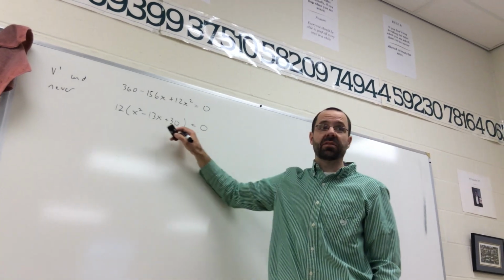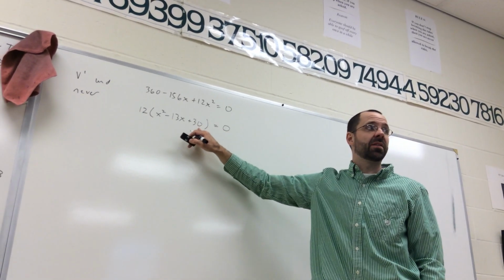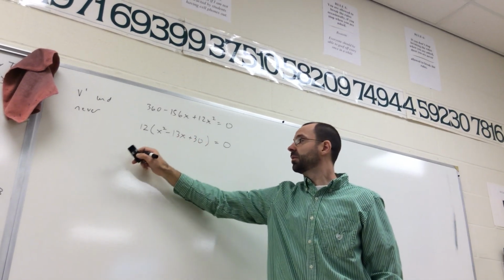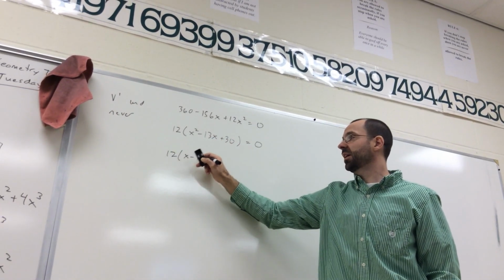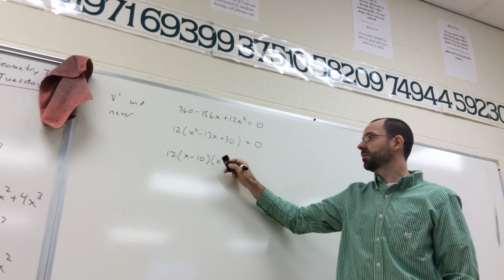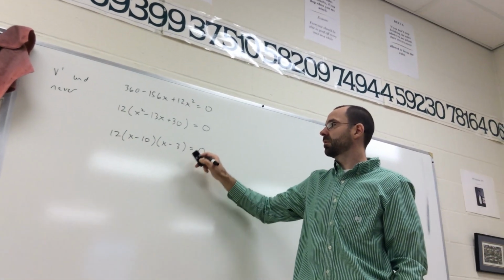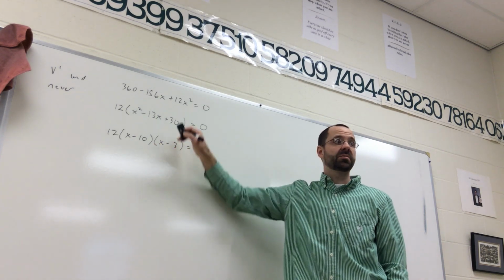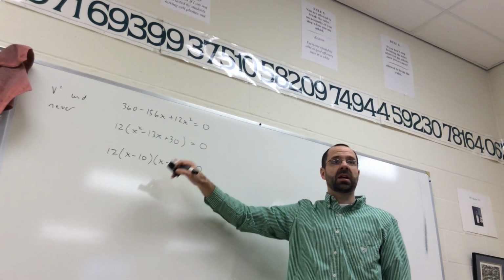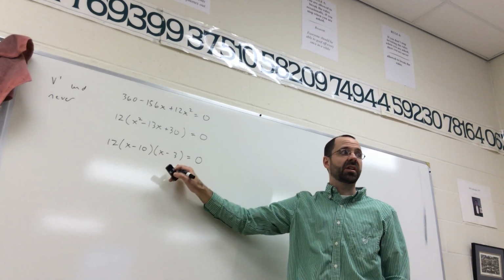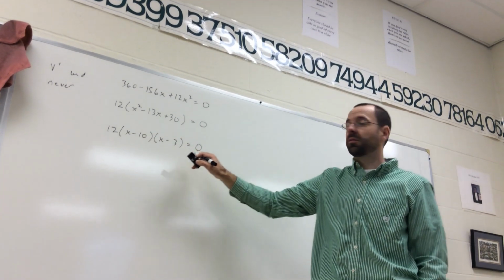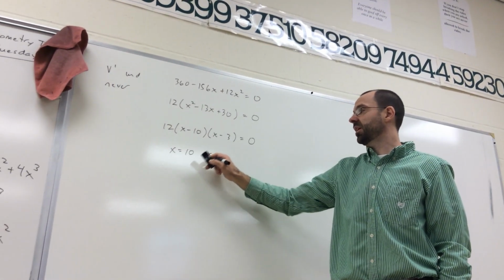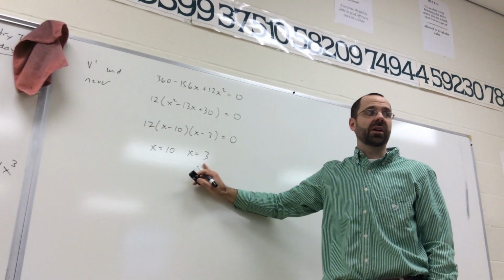So now I'm going to factor this. I need two numbers that multiply to be 30 and add up to be 13. So that's 10 and 3. Negative 10 times negative 3 is positive 30, and negative 10 plus negative 3 is negative 13. So then you find out that the critical values are when x equals 10 and when x equals 3.